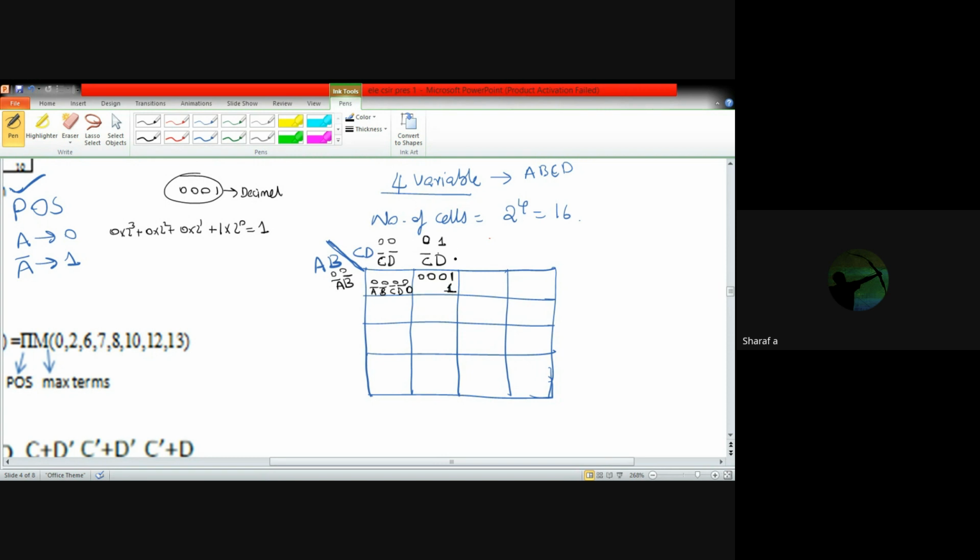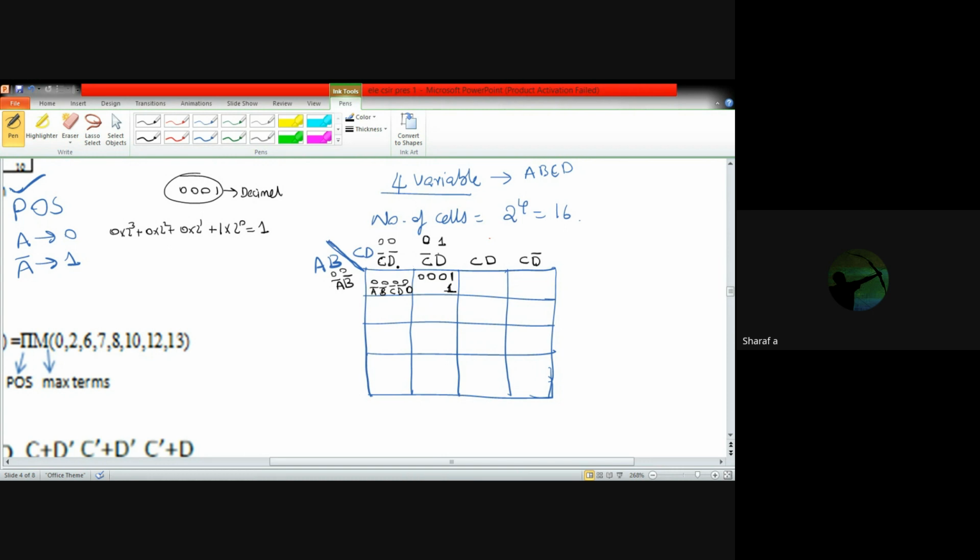And the next one is CD, then CD bar. Why am I writing C bar D, then CD, CD bar? Because when you jump from one column to the next column, or one row to the next row, simply meaning from one cell to the next cell, only one variable should change.